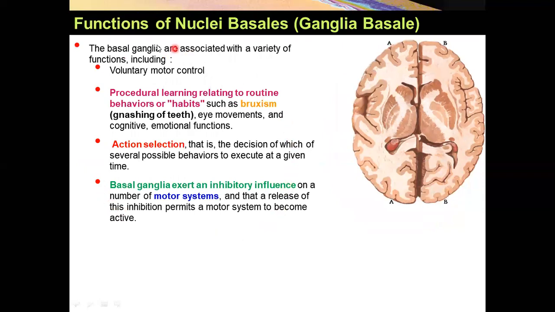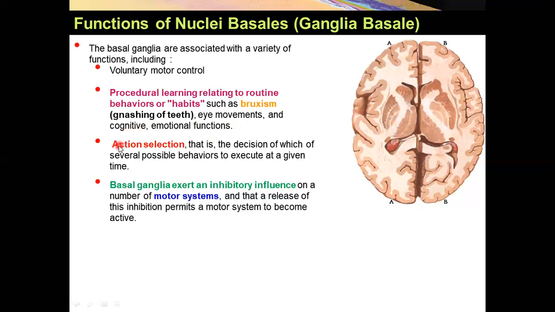And so the basal ganglia are associated with a variety of functions, including voluntary motor control, procedural learning relating to routine behaviors or habits such as gnashing of teeth, eye movements, and cognitive and emotional functions.